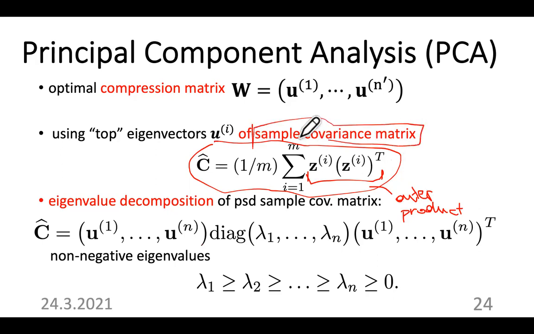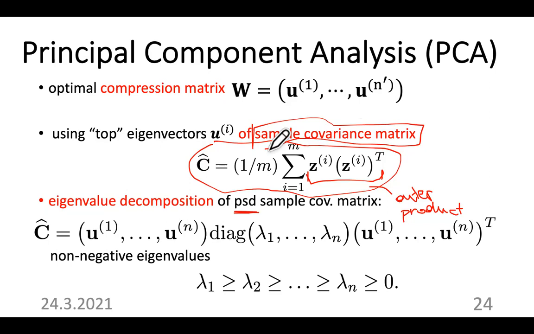And what we then do is compute an eigenvalue decomposition of this sample covariance matrix. As it turns out, this sample covariance matrix has very nice properties. In particular, it's always a positive semi-definite matrix. And positive semi-definite matrices are the nice matrices, so to say. Life is easy when working with positive semi-definite matrices in some sense.